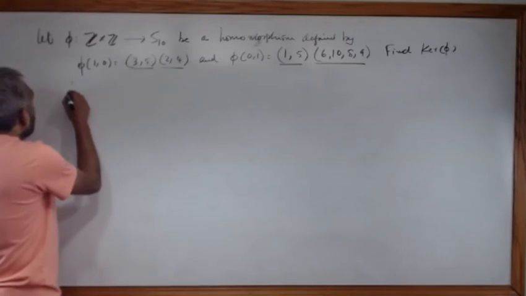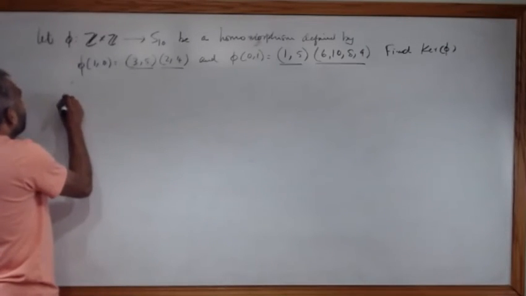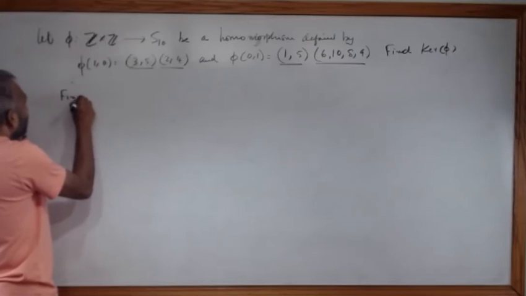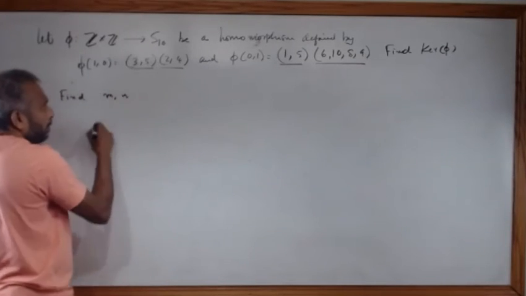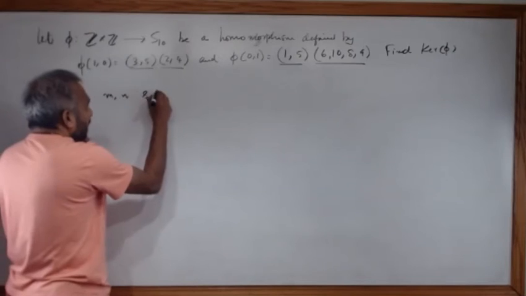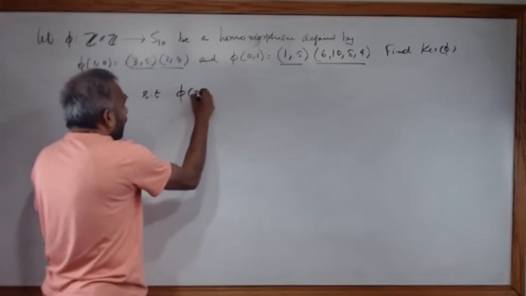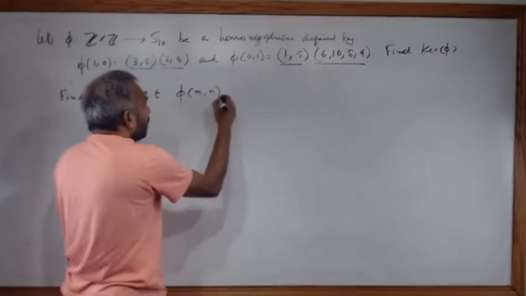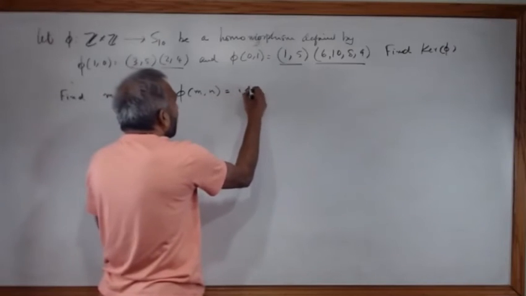So what we need to do is find m and n such that phi of (m, n) is equal to the identity map.